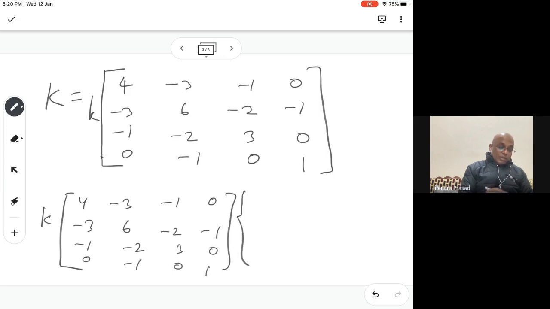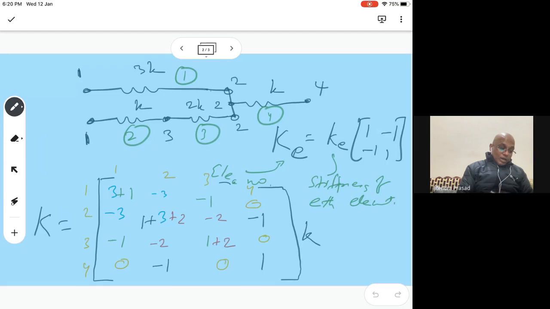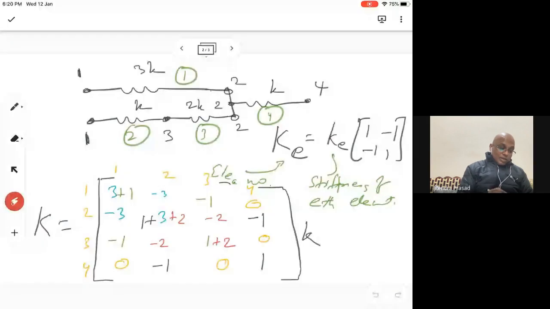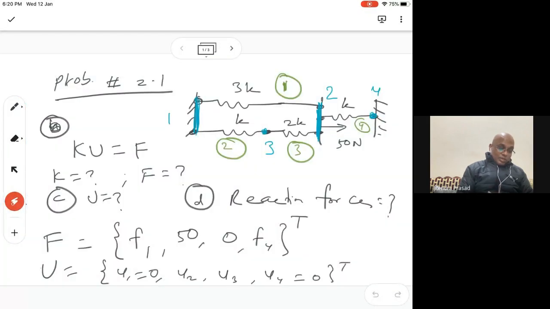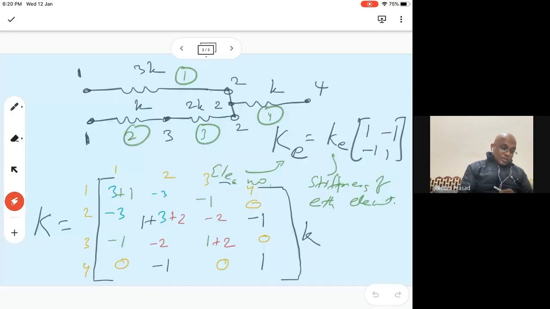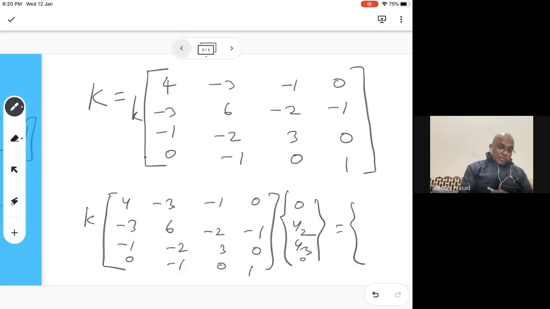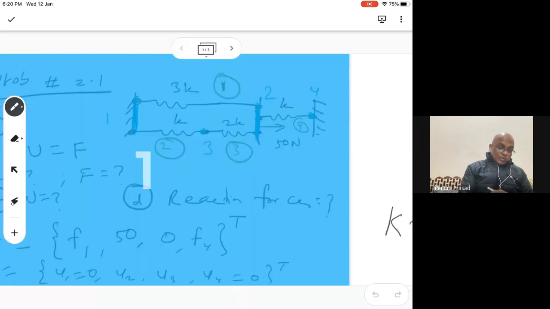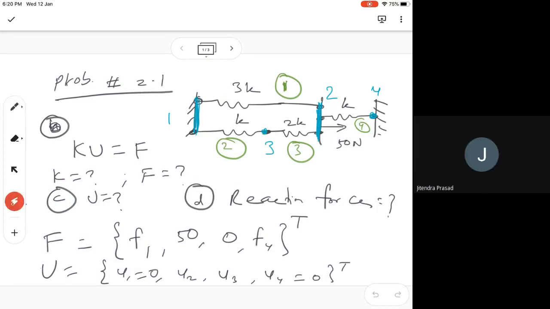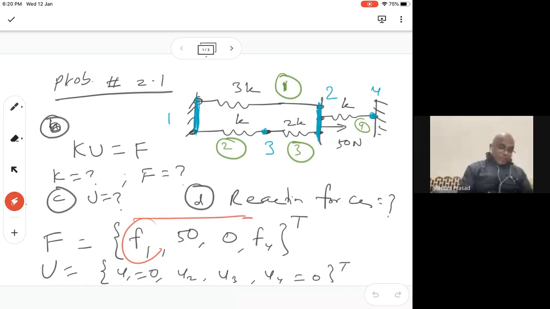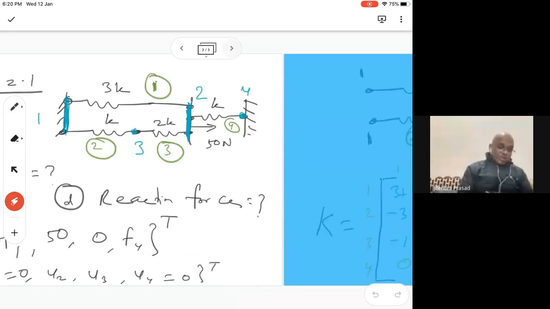And then u, which we can see from before is 0, u2, u3, 0, equal to F1, 50, 0, F4.